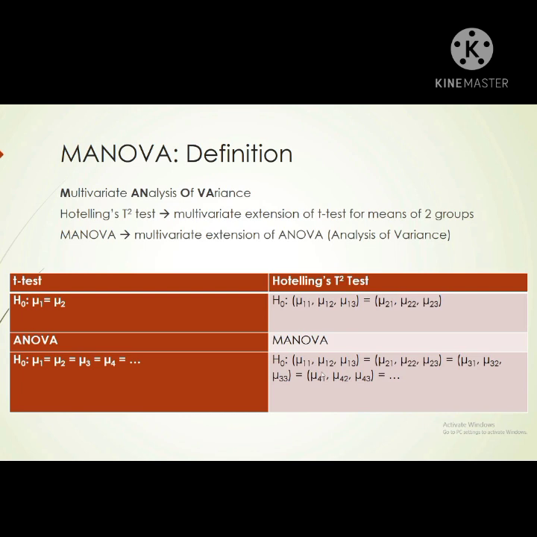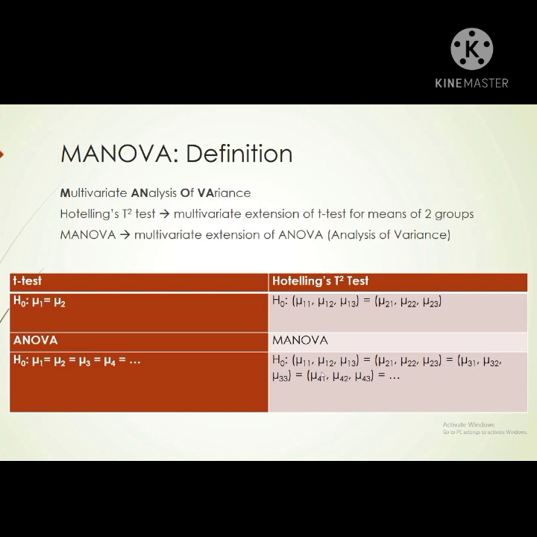As for ANOVA, we are not trying to compare the means of only two groups like the t-test, because we are trying to compare more than two groups. So ANOVA can compare the means of any number of groups. In MANOVA, the multivariate extension of ANOVA, instead of comparing scalar means, we are comparing vectors.